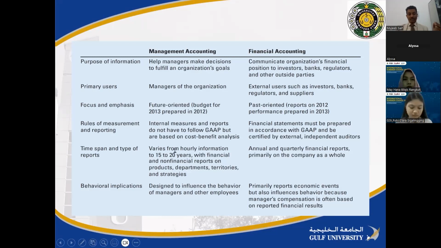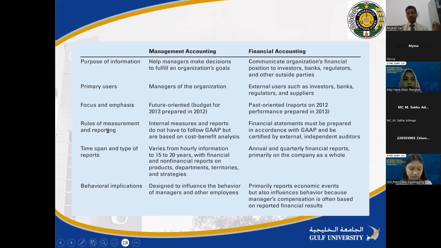So there is some other difference here, the role of measurement and report. Actually, as we know, in financial accounting, we have accounting standards. I'm not sure whether in Indonesia they apply international financial standards or they apply GAAP, General Accepted Accounting, or maybe you have your local accounting standards.